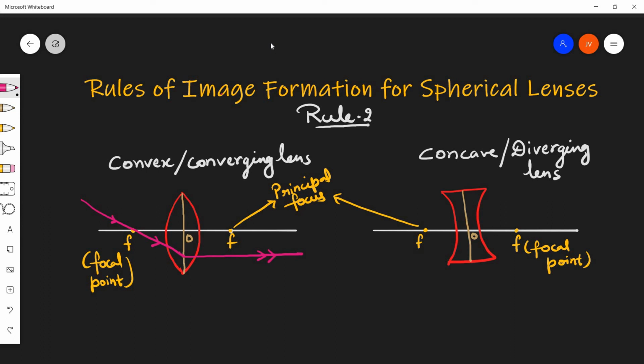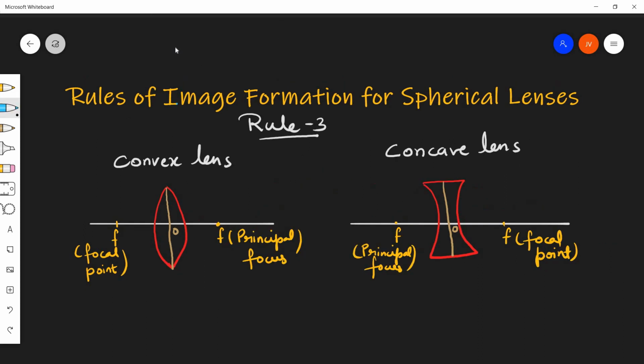And in case of concave lens or a diverging lens, according to the second rule, when a ray of light is incident in the direction of the focal point, then after refraction it goes parallel to the principal axis. This is the second rule of image formation.